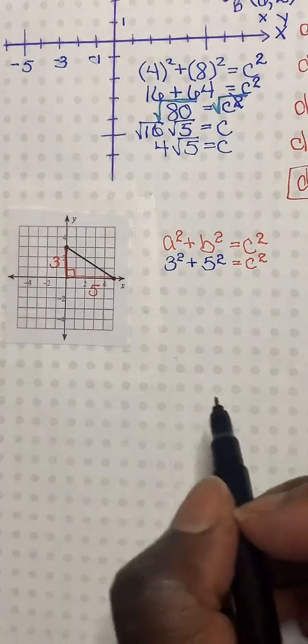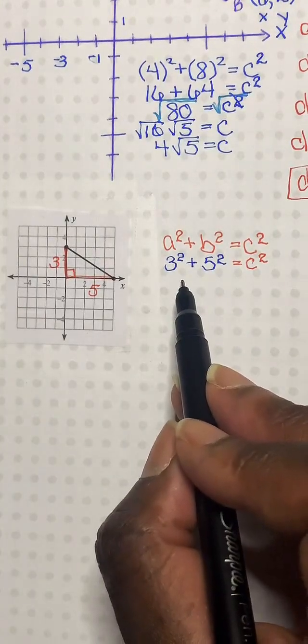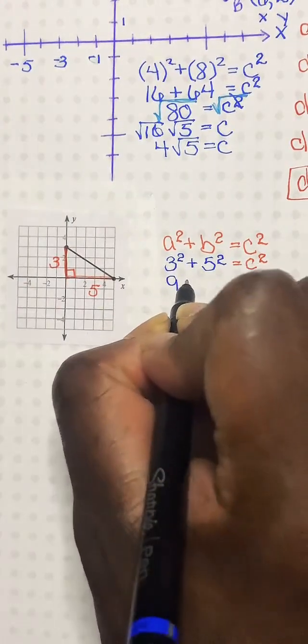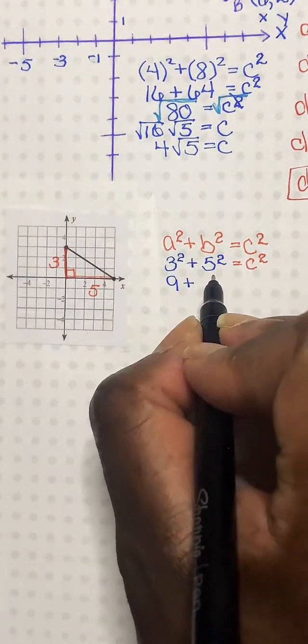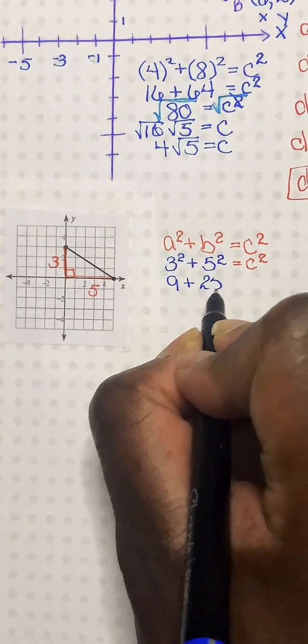All right. So we'll have 3 squared, that gives me 9, plus 5 squared gives me 25.